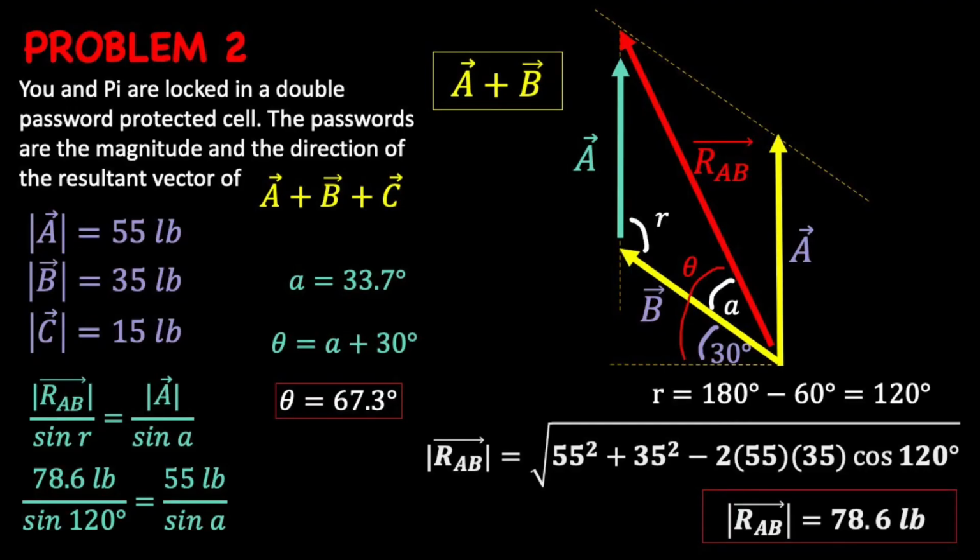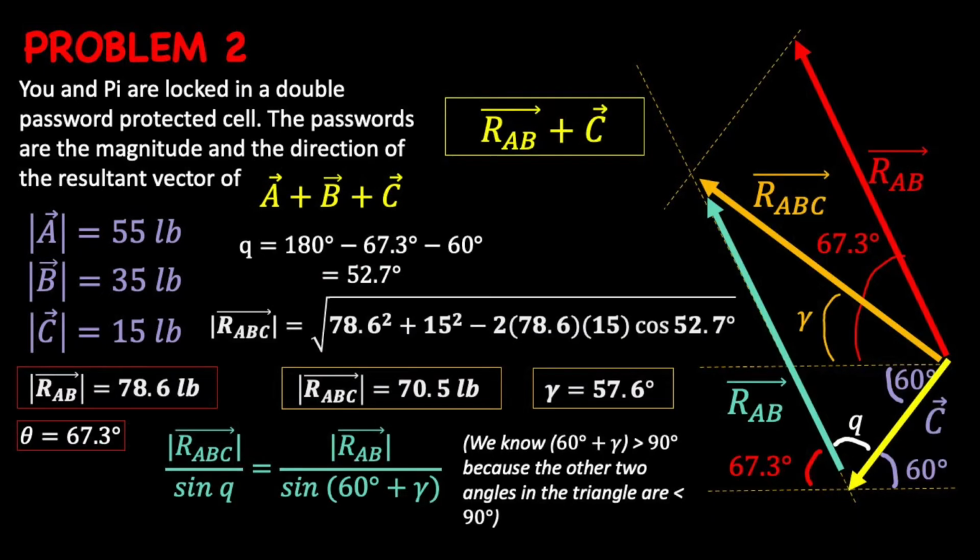Meanwhile, Pi did the same addition, but she added A to B first, then added C. You both got the same answer. You enter the passwords and escape the jail cell. It doesn't matter what order you add vectors in, you should always get the same resultant.